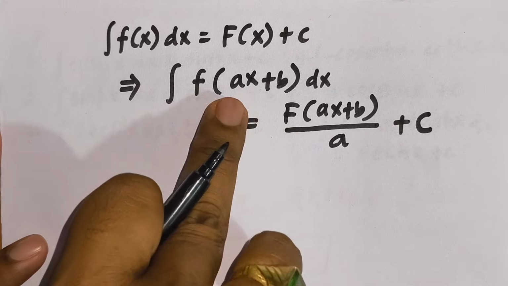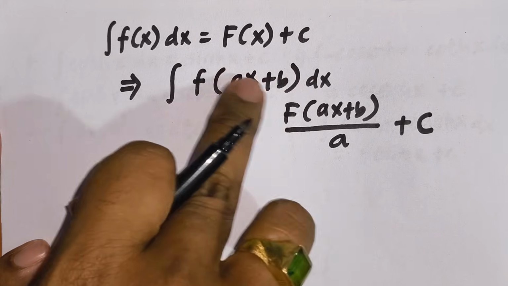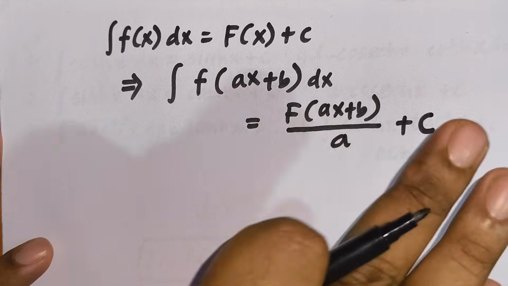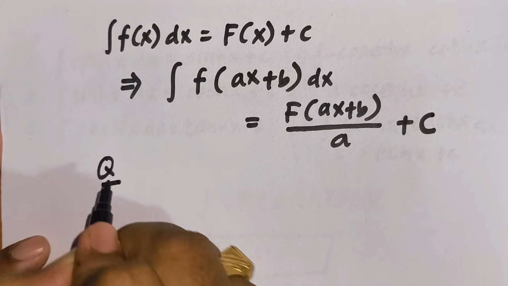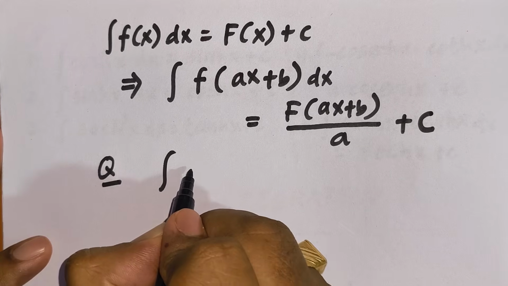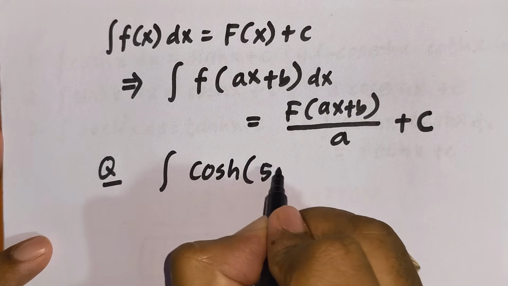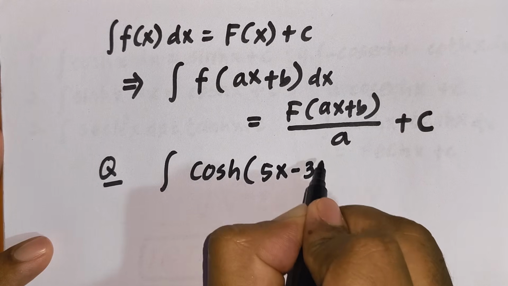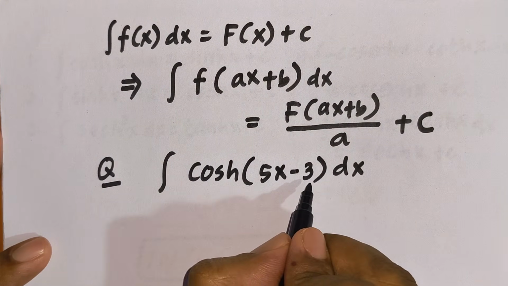Here we just divide by the constant multiplied with x, or the derivative of ax plus b. We have already seen this in integration. So first, if we have the integration of hyperbolic cosine of 5x minus 3, in place of x we have 5x minus 3.